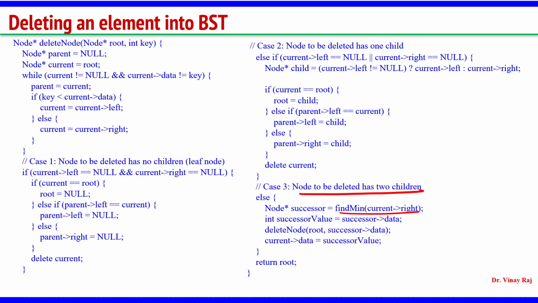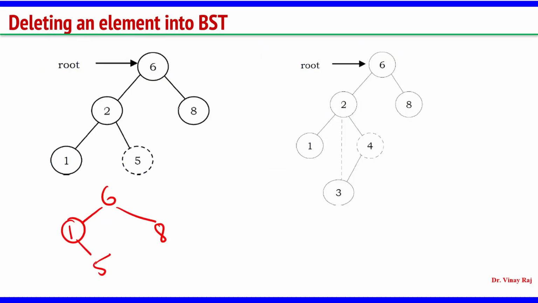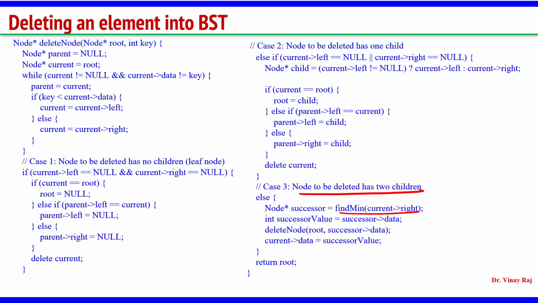Now once you find the minimum, it's a separate function to find the minimum element on the current right. I will somehow reach that point, this is my current, find the minimum element on the current right, that is 5. Then successor value the same, delete node, root comma successor data, current data equal to successor value.